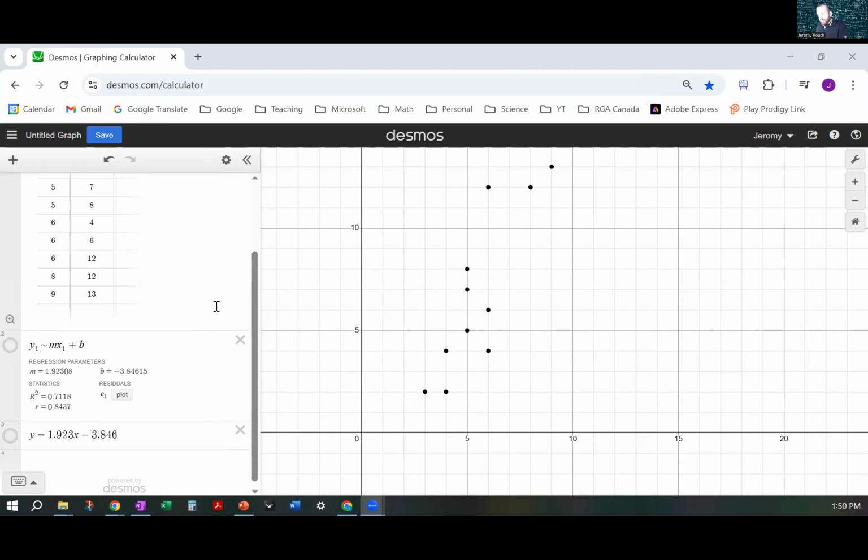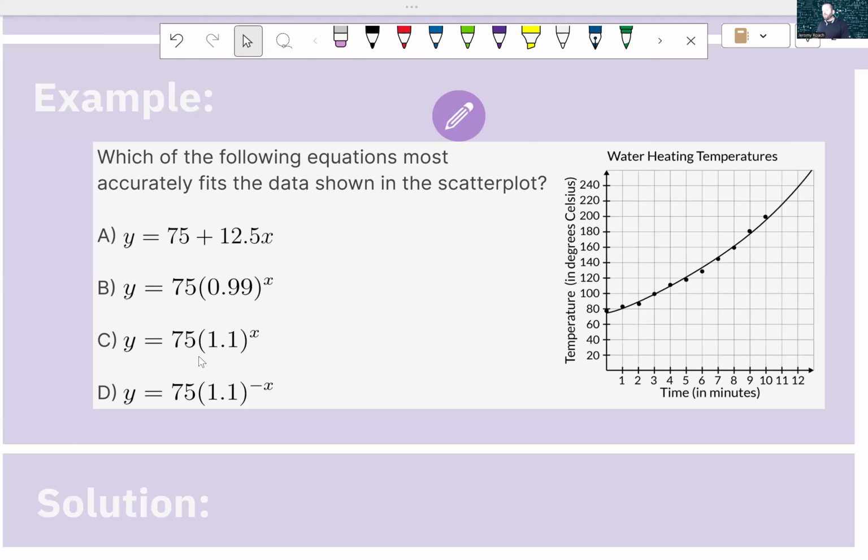That might save you the most time. But another way is to look at whether there is exponential growth or exponential decay. I was going to show you Desmos, but let's go back here because there's a much faster way to do this. If this is one of your last questions and you have extra time, you can type it all in, or if you're good at typing, you can type everything in quickly.